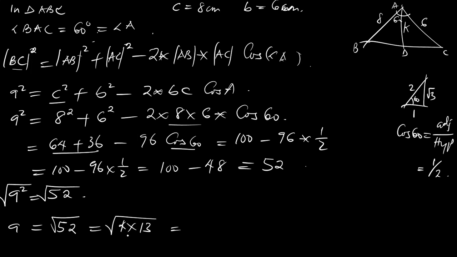So this expression is the same as root 4 times root 13, and root 4 is 2. So you have 2 root 13. So that means A is equal to 2 root 13.